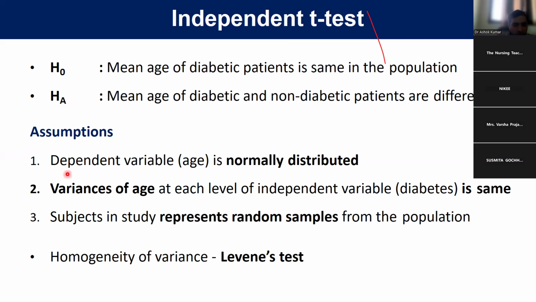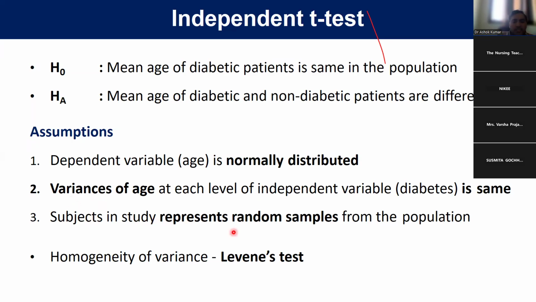If you are not getting what is meant by variance, variance means standard deviation squared. If the standard deviation of age of diabetic patients and the standard deviation of age of non-diabetic patients are approximately equal, then the variance will be equal, because variance is the square of the standard deviation.